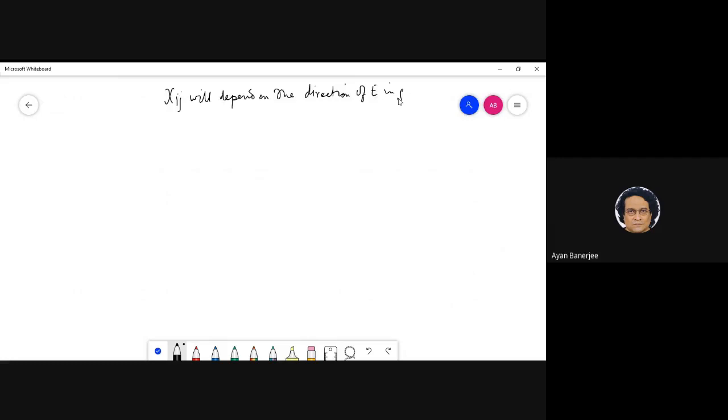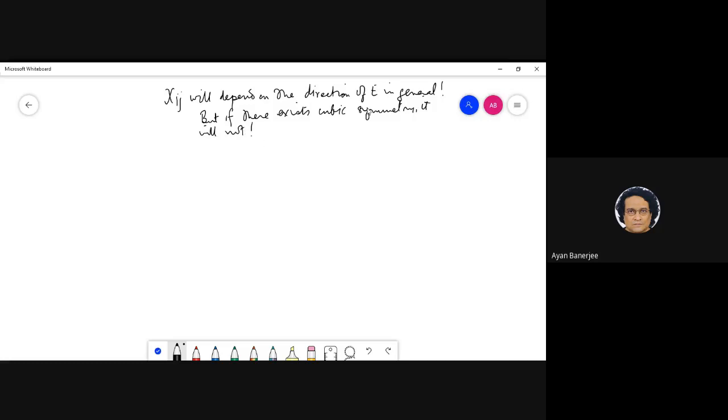But if there exists cubic symmetry, it will not. And that is what we're going to see now.